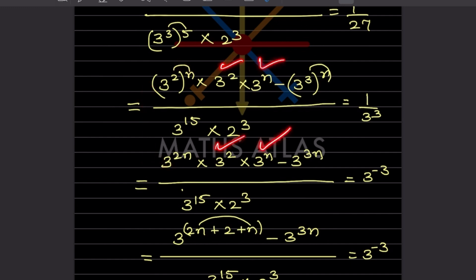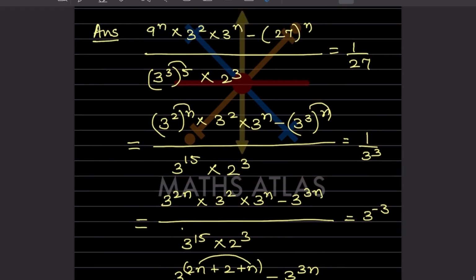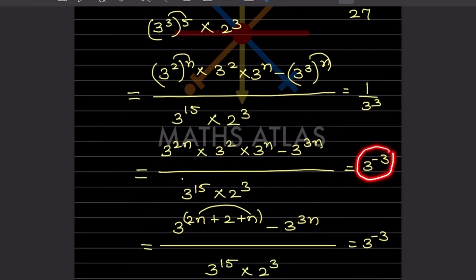Again here 3 raised to 3n, and this one, 1 by 27, we can write as 3 into 3 into 3, that is 3 cubed. But when you take it up, the exponent is going to be negative.